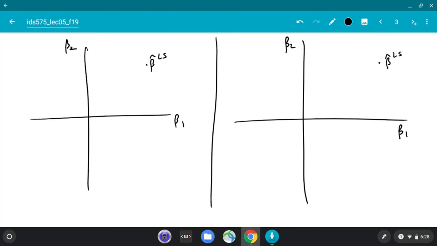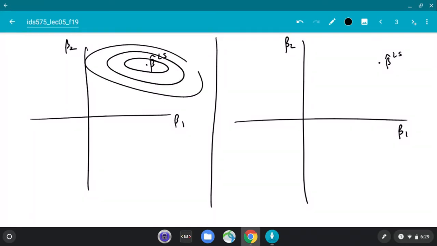Remember, this is supposed to be at the bottom of the valley. Since the least squares loss is a parabolic function, we'll just look at a contour plot. This is a plot that you'll see on maps if you go hiking. Anyway, what is a contour plot? Let's just draw it some way.